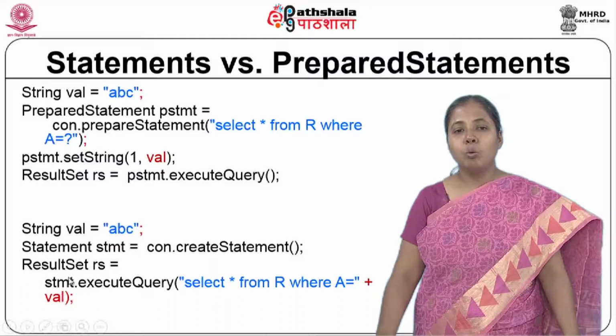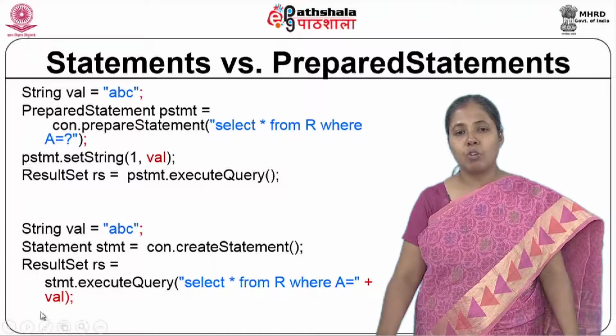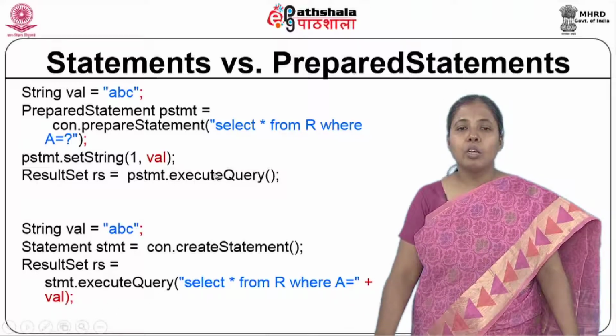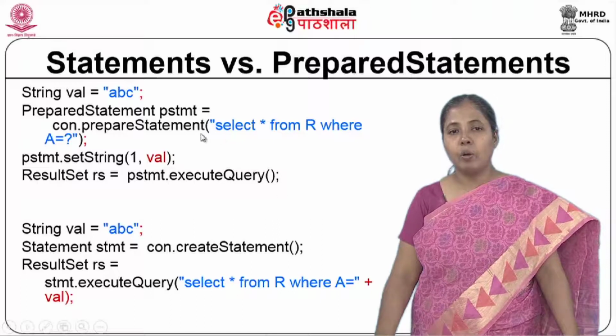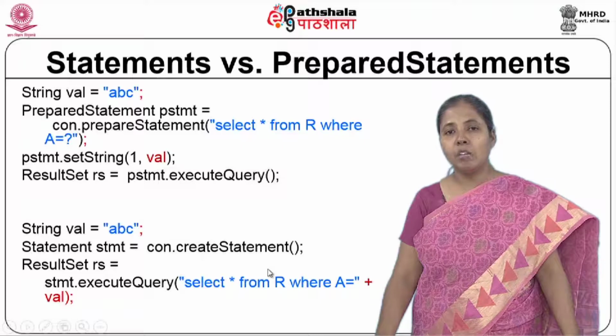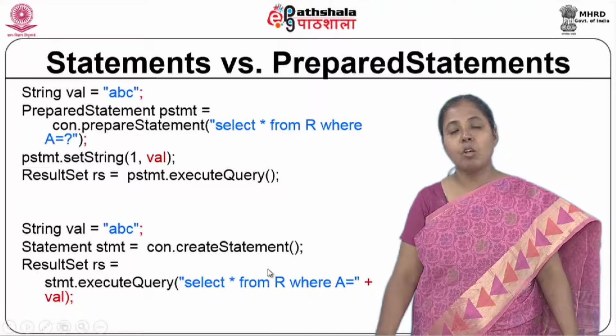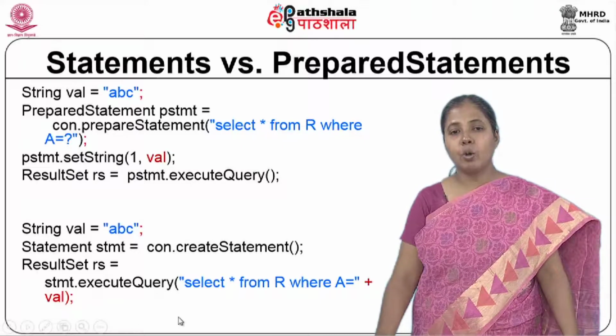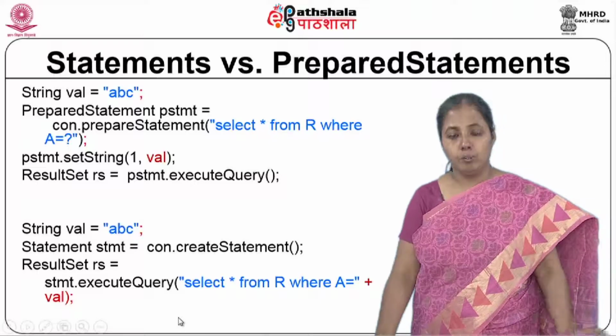Now, when you are executing the query, you are actually providing the query string. The query string is given with the set values. It is not a question mark, you give a value and then you execute the query. Here the execute query is empty; the query string is given along with the prepare statement, but when you create the statement you do not give the query string. Once a statement is created, you execute the query.